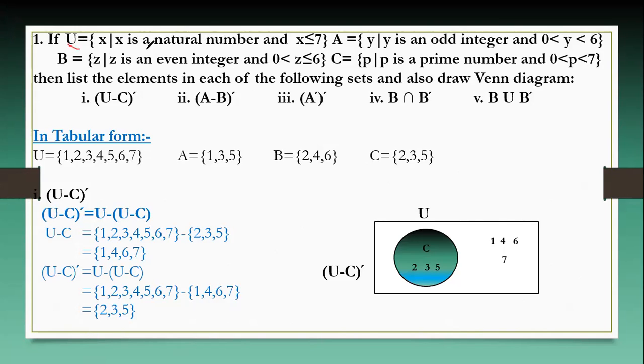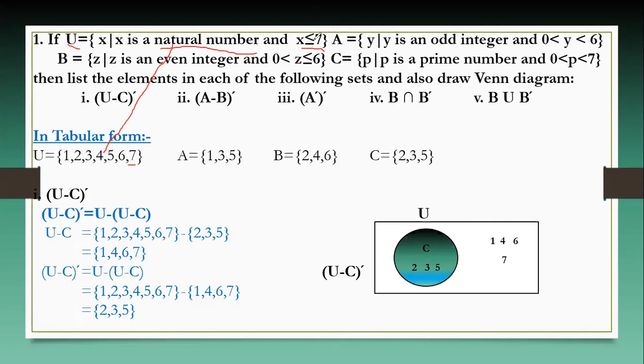Now, the universal set is natural numbers less than or equal to 7. Natural numbers start with 1, and we have to stop at 7. So we get the answer 1 till 7. Why is 7 included? Because here the sign is less than and equal to. You have to look at this sign carefully.